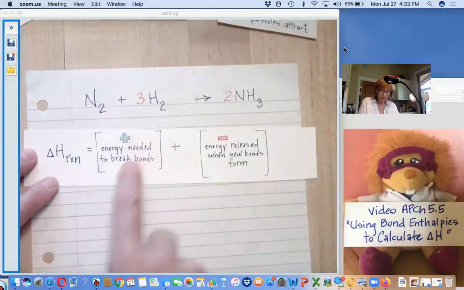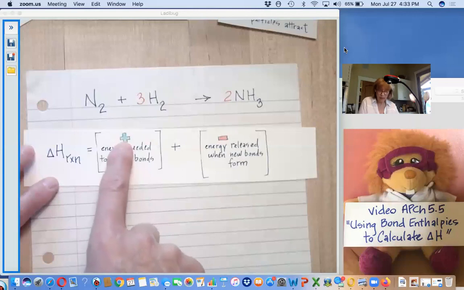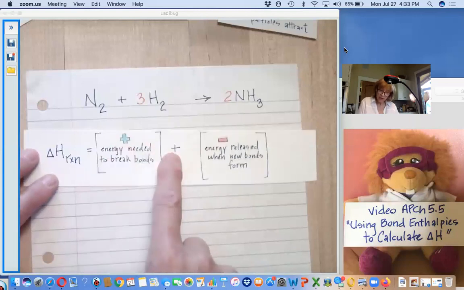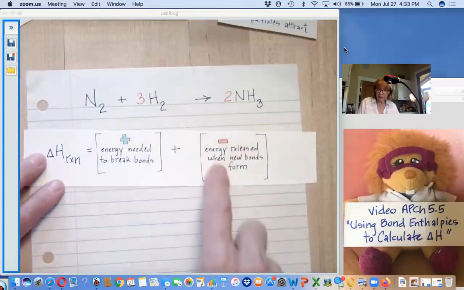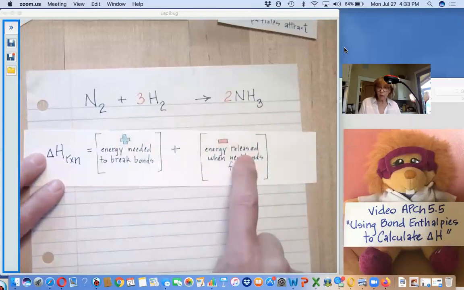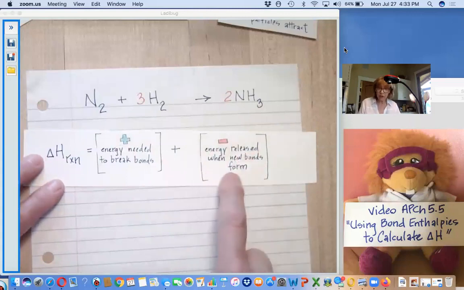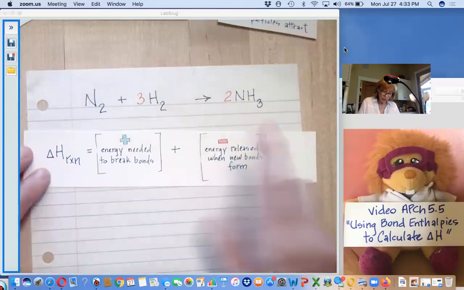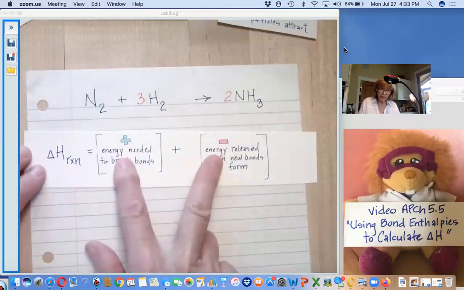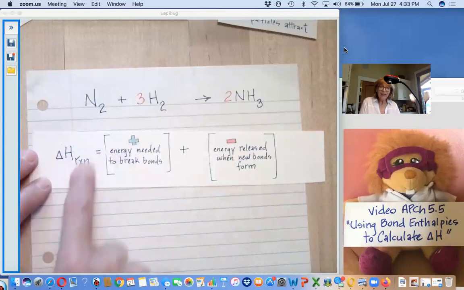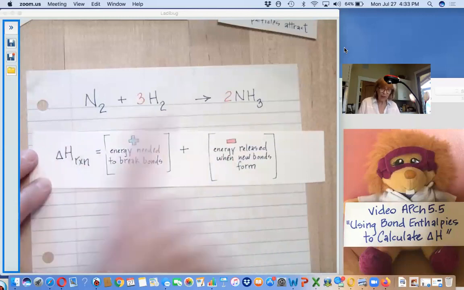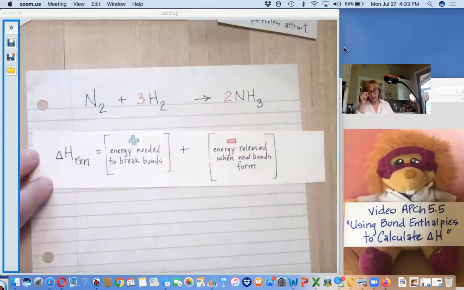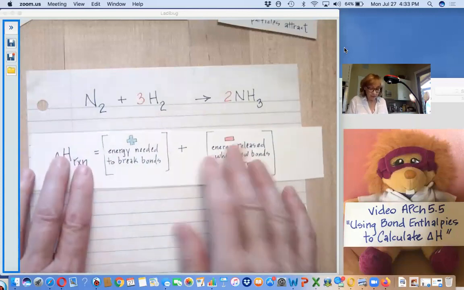That collective sum is a positive amount, and we're going to add up collectively all the energies that were released as we made the new bonds. That collective sum has a negative value. And then when you add these two pieces together, you're going to get the enthalpy change for that particular reaction. So now let's do the math that's involved.